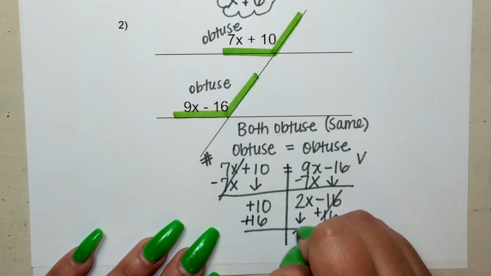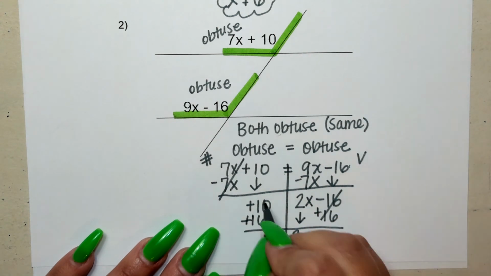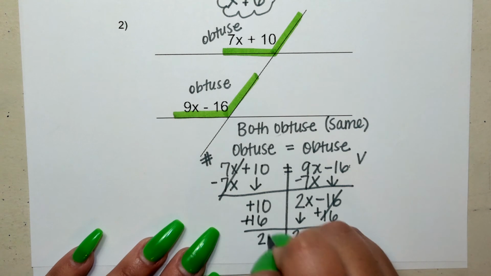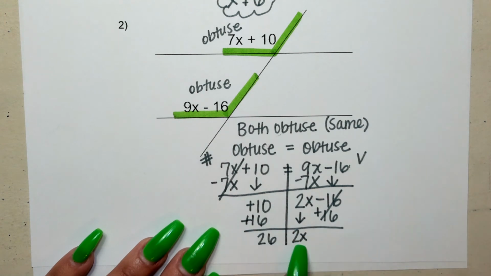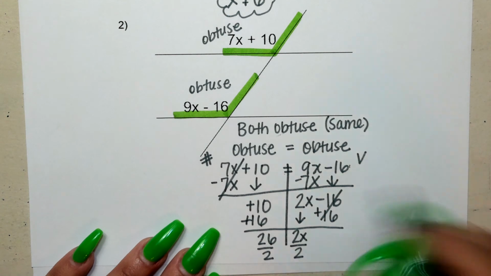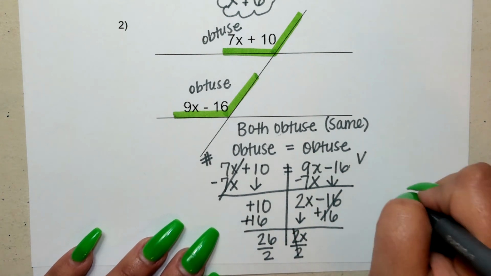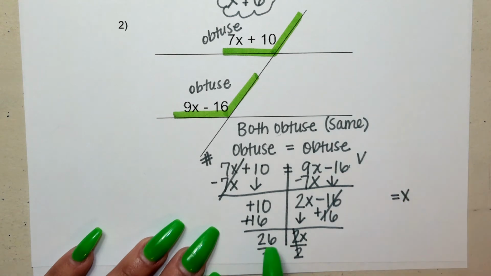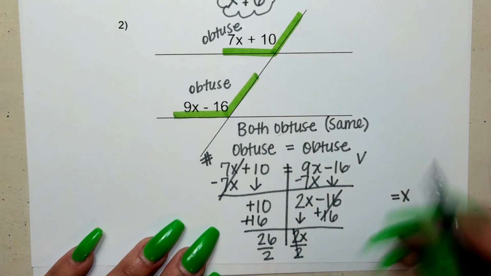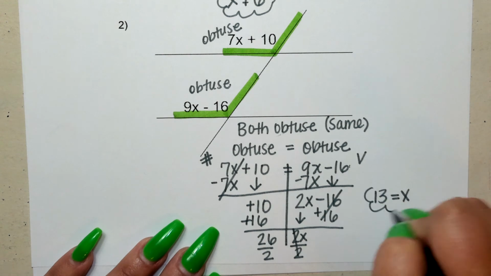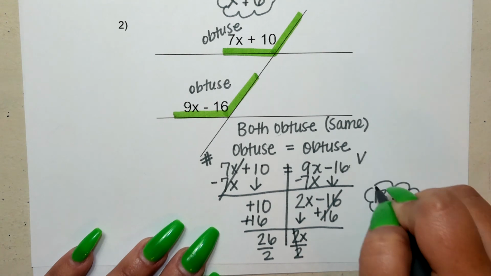I'm going to bring down the 2x. 10 plus 16 is 26. And then I'm going to divide by 2 on both sides, since 2 is next to the variable. My 2's I can cross off because that equals 1. And I'm left with x equals 26 divided by 2, which is 13. So x equals 13.